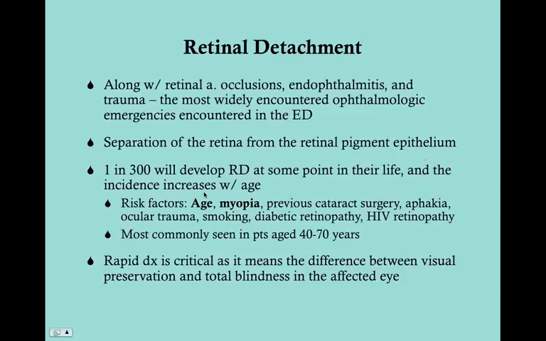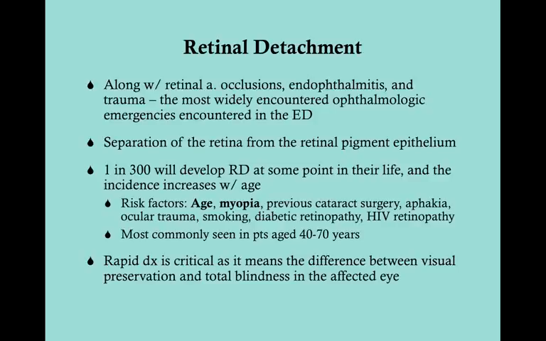About 1 in 300 people will develop retinal detachment at some point in their life, and that incidence will increase with age. So the older the patient is, the more likely they are to have retinal detachment. It's more common in the older age groups. Other risk factors, in addition to age, include myopia. I'm not exactly sure why myopia is associated with retinal detachment, but it most certainly is.